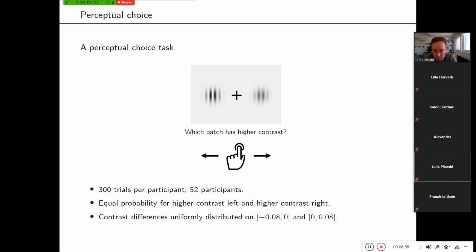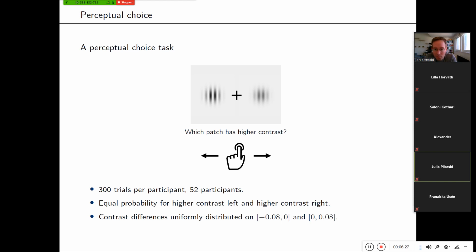For each participant, we presented 300 trials in blocks of 25 trials, so 12 blocks. As for Rasmus, this is the Gabor task data, not the perceptual control task, but we treat it here as a purely perceptual choice task. In this sense, it's a control task.